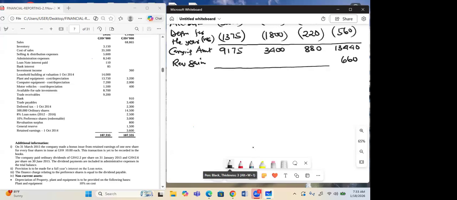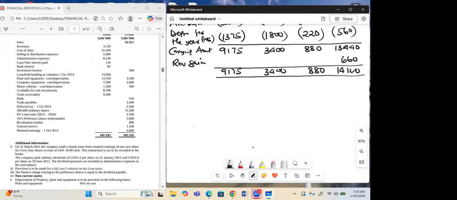When I sum everything, final balances were what? 9175. This is 3,400. This is 880. What would this give us? 1,400. 14,100.